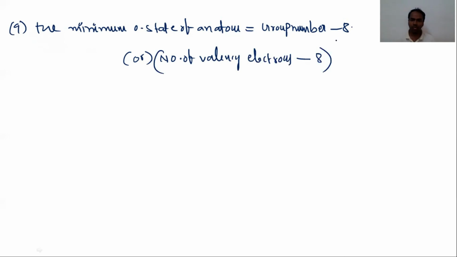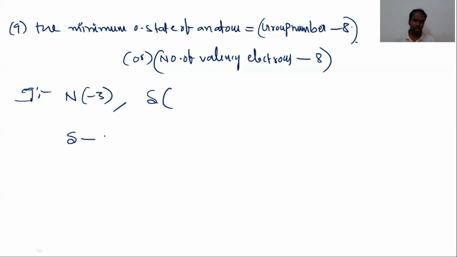This is the formula for the minimum oxidation state. For example, what is the minimum oxidation state of nitrogen? Group number is 5, 5 minus 8 is -3. Sulfur, what is the minimum? 6 minus 8. Otherwise, what is the electronic configuration of sulfur? 1s2 2s2 2p6 3s2 3p4. See here, the third shell is the valency shell. How many electrons are there in it? 6.